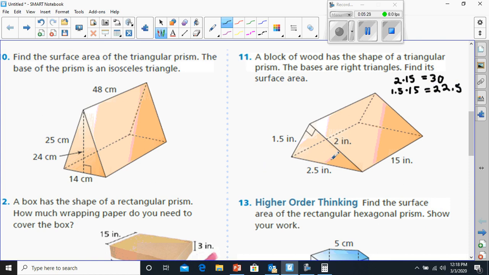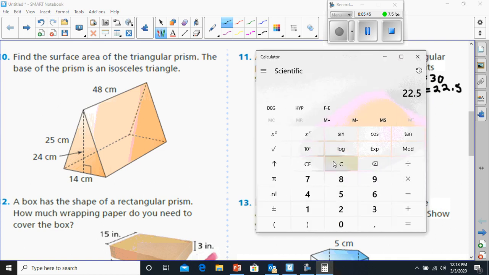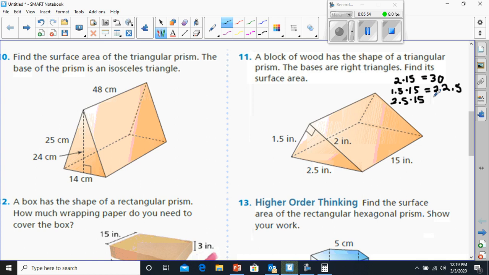This side over here is going to be 2.5 times 15. Let's see how much that is. 2.5 times 15 equals 37.5.